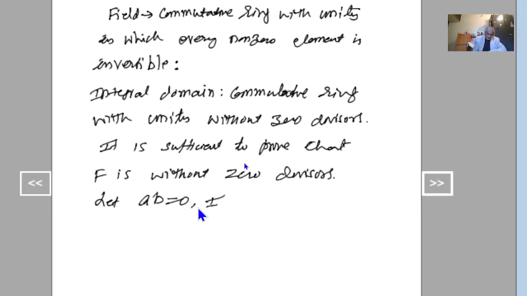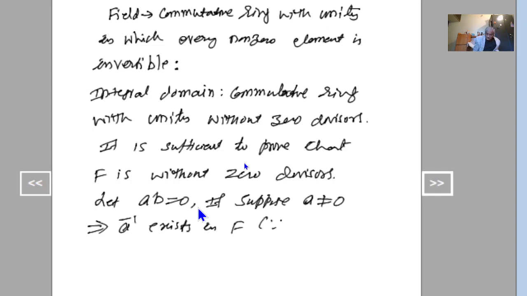Now here, suppose A is not equal to 0. This implies A inverse exists in F, because F is a field. Okay. By the definition of a field, every non-zero element is invertible.